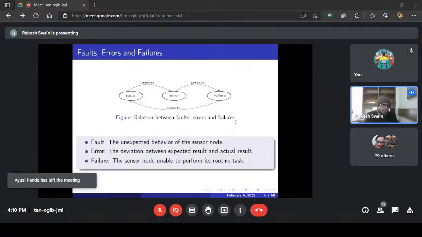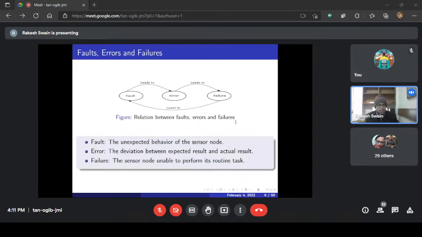Let me introduce the terms fault, error, and failure, and the relationship between them. As I already told, due to the large scale application, whenever you deploy the sensor network in a human inaccessible or harsh environment, due to external and internal causes the sensor network behaves unexpectedly.